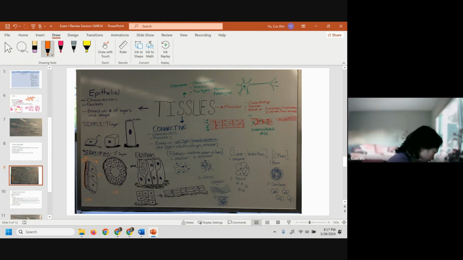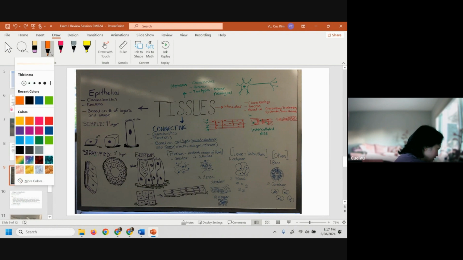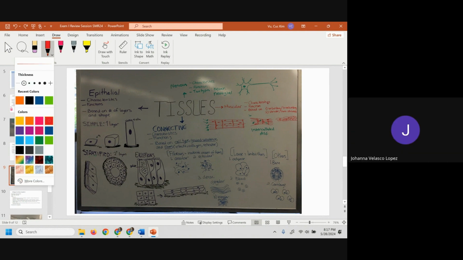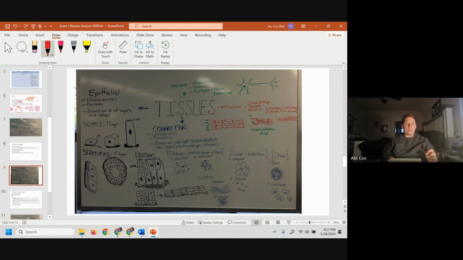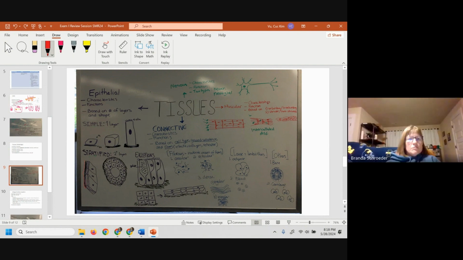Okay, let me undo that and go with another color. It's in the very bottom left corner, over where it says stratified. What color should I use? Try red. Either that or just make your thickness bolder. Let's try with red. So here, is that better? You see the red?